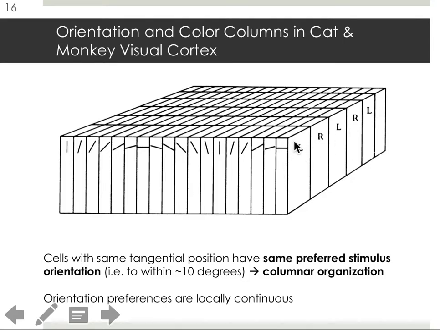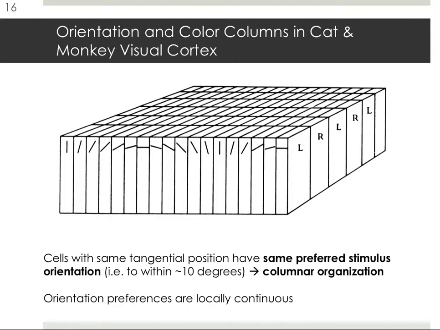Recall that we said the visual pathway is getting information from the left visual field and the right visual field, and after the level of the optic chiasm, the left visual field is only sending information to the right visual cortex and vice versa.